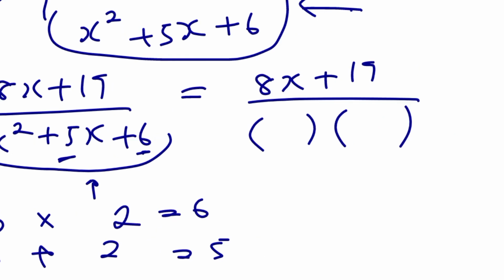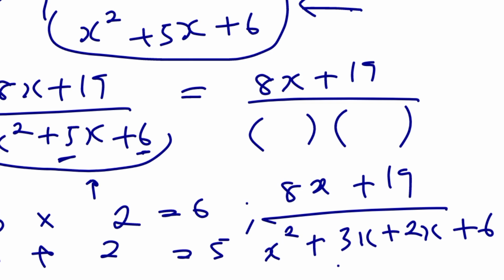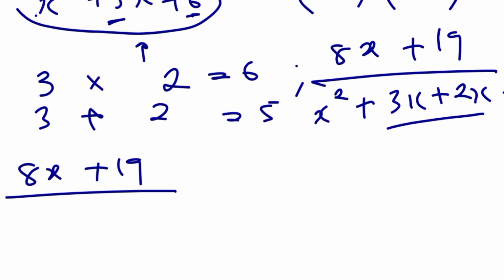In that case, we can substitute it into the problem and say we have 8x plus 19 divided by x squared plus 3x plus 2x plus 6. As you can see, this still gives us 5x. So we need to group it into brackets, because that's what we want.